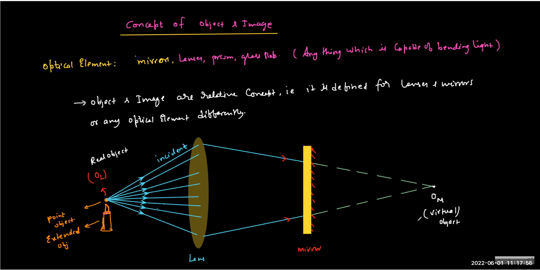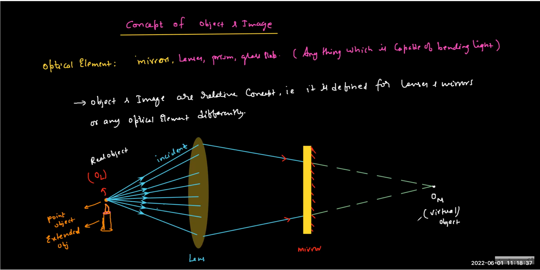So what we need to realize is that it is the incident ray which decides the object position, and it is different for different optical elements or instruments. Here the mirror and lens are the optical elements, and you can see that they face different light rays as incident rays, and therefore there is no absolute definition of object. You can see the object of the mirror is on the right side, whereas the object of the lens is on the left side. Is this clear? Yes. Okay.